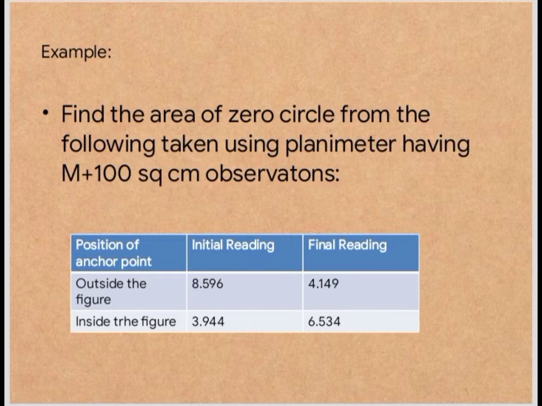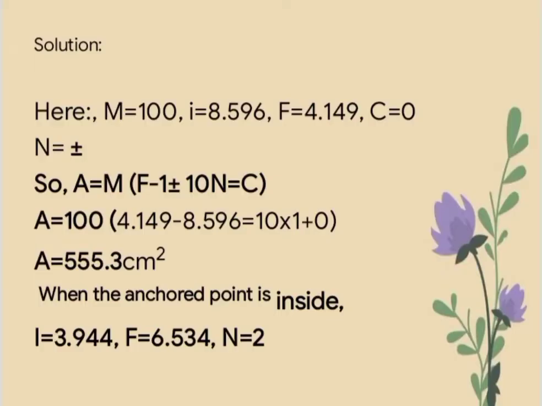The initial reading is 8.596 and the final reading is 4.149. So here we have M of 100, the initial reading 8.596, the final reading 4.149, C is 0, and N has a positive or negative sign.